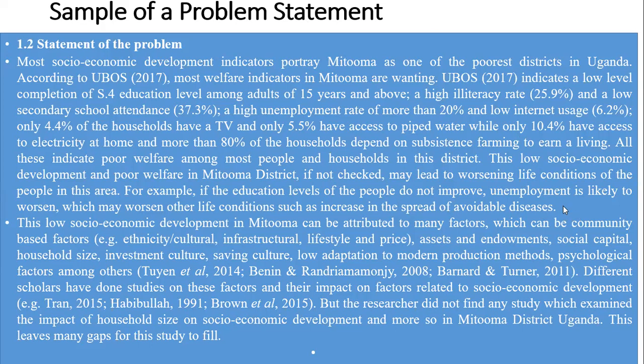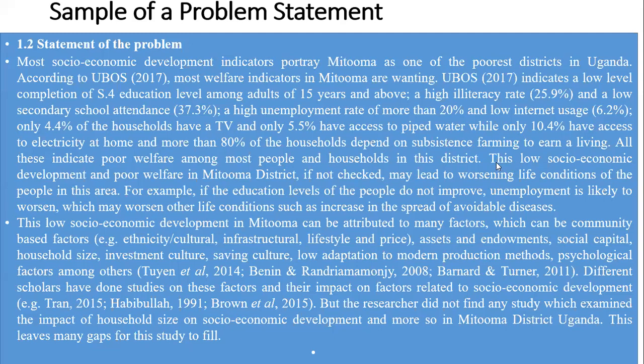So I was saying that when you look at this paragraph, the whole of this is talking about the 3 points we talked about: the problem, the indicators, and the dangers or the negative effects.